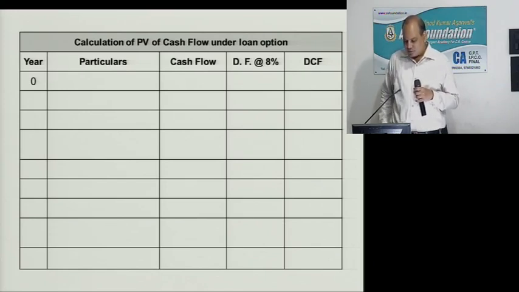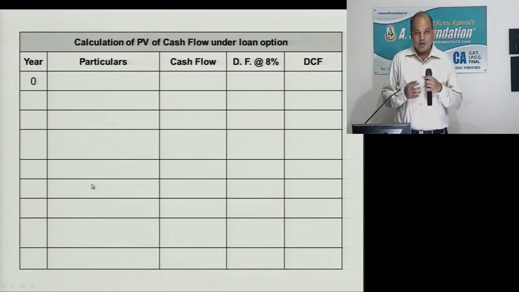Write properly, in detail, in good handwriting. Year, particulars. Good means you don't participate in a competition, at least understandable. Cash flow, discounting factor at 8% and discounted cash flow.